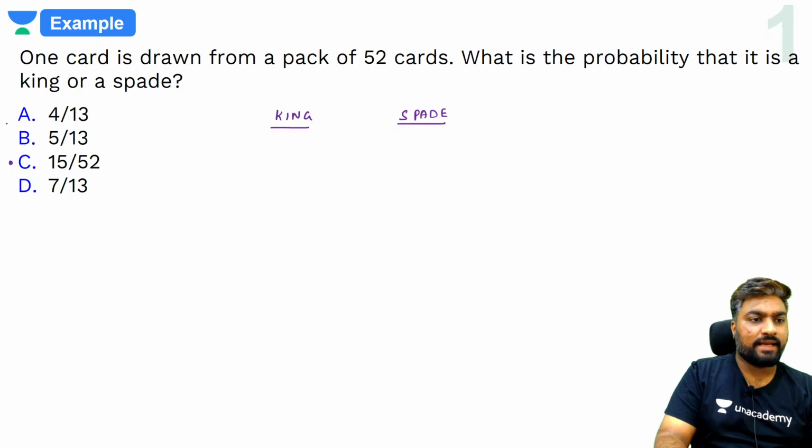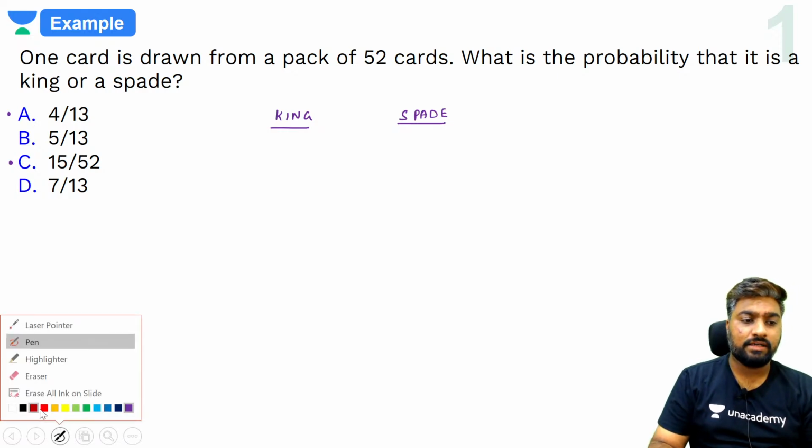Janvi says 4 by 13, which is A. Sparshi says A, Lekhna says A, okay. Others? Rema says A, Neha also says A, very good.